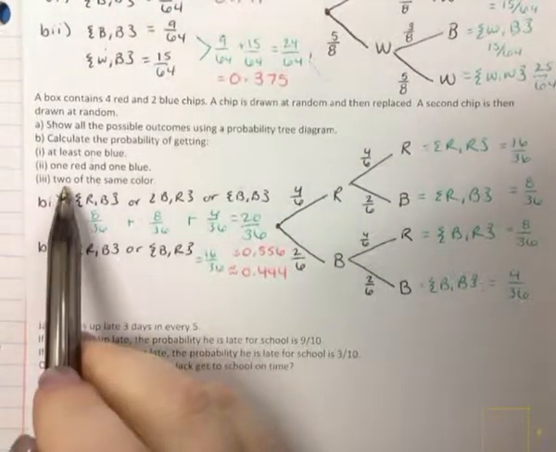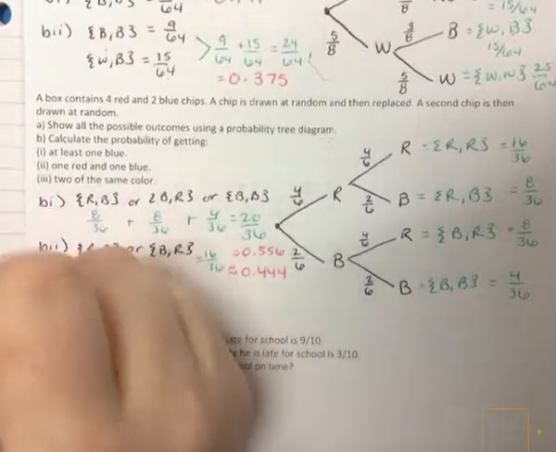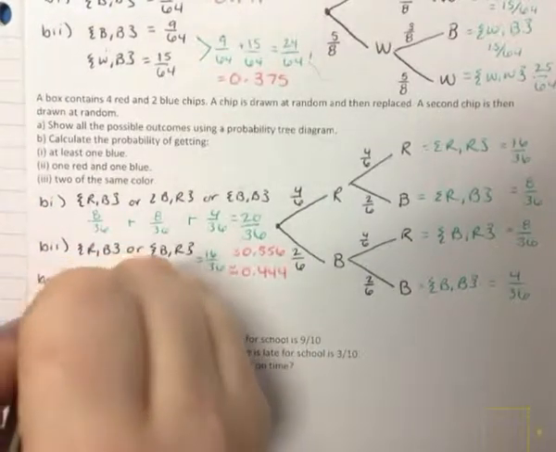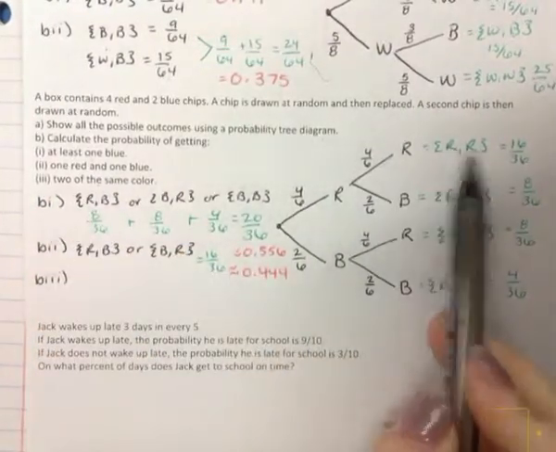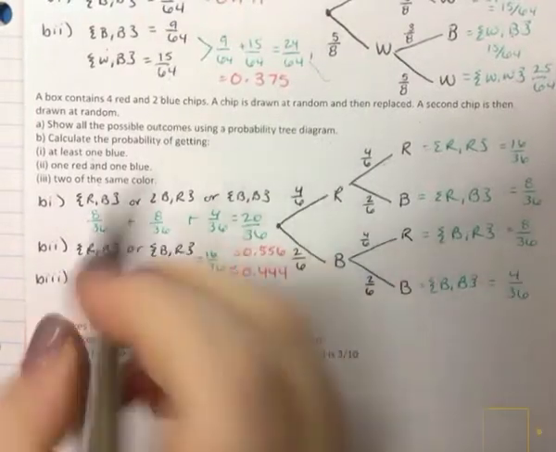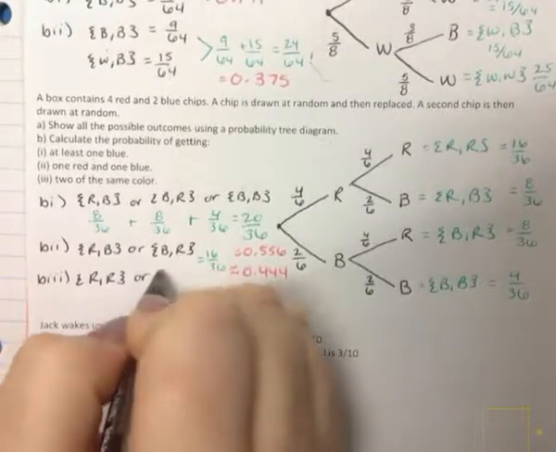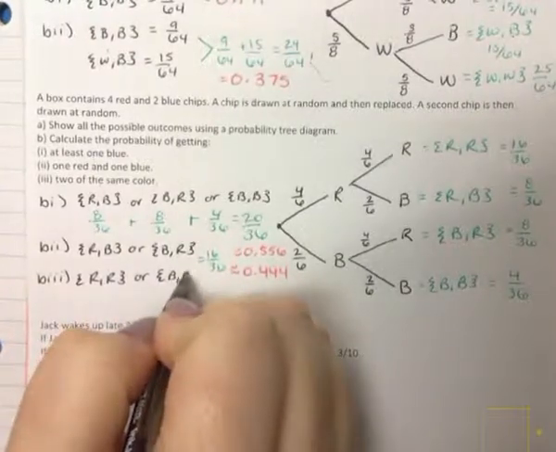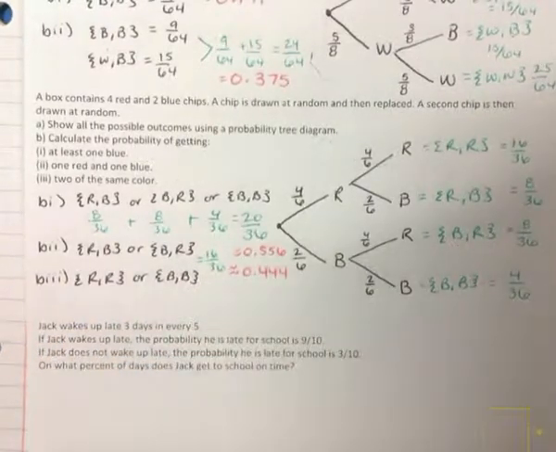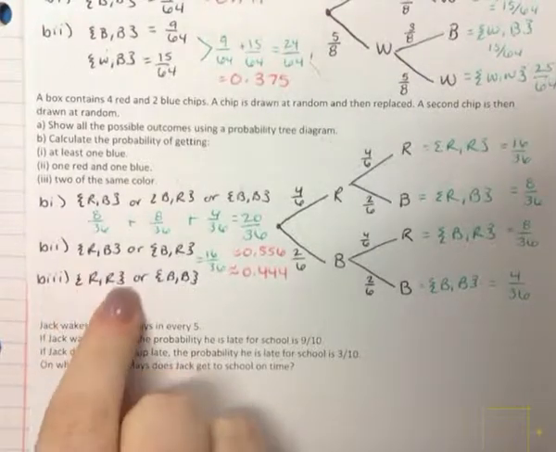And the last one here is we want 2 of the same color. So B III is asking for red, red, or blue, blue. Because it doesn't say we need to have 2 reds, but we have to have 2 of the same color.